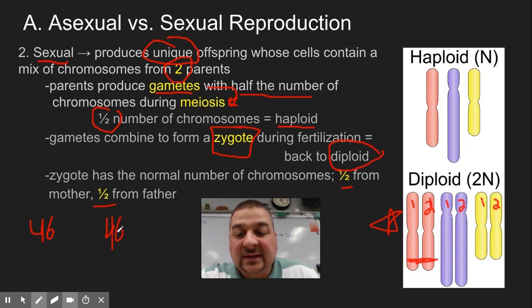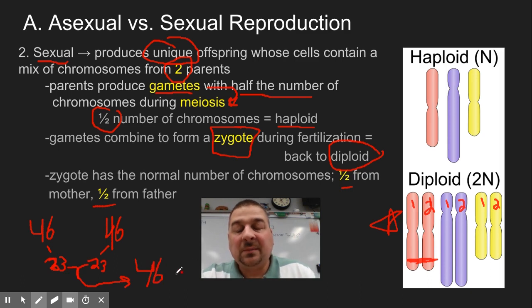Then each parent will form a gamete that's got 23. 23 from dad, and then the egg will also have 23 chromosomes. So when they join together to form the zygote, you guessed it, they're back to 46. So that chromosome number is maintained from generation to generation.